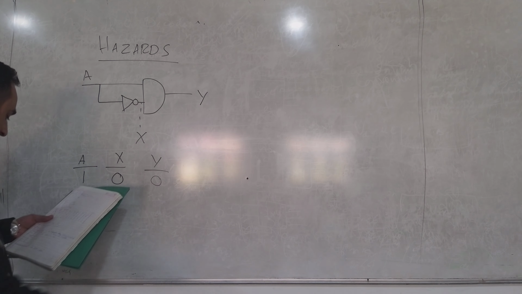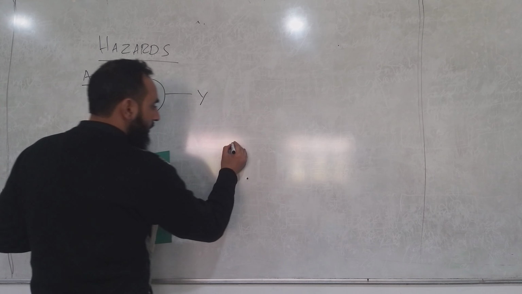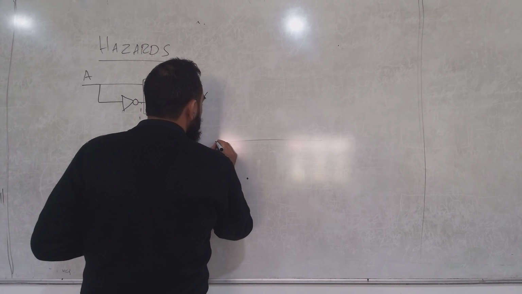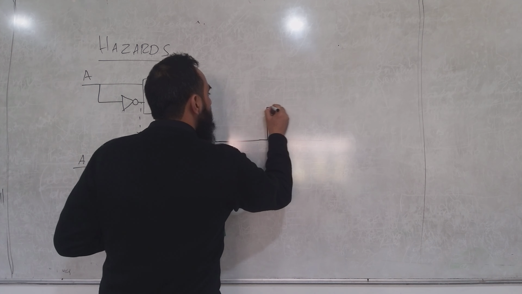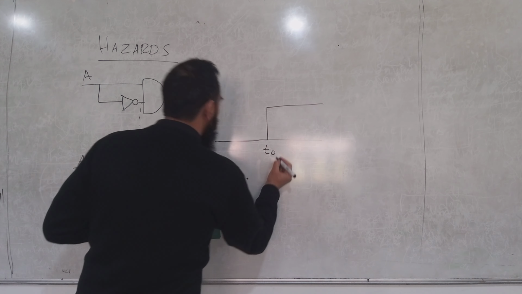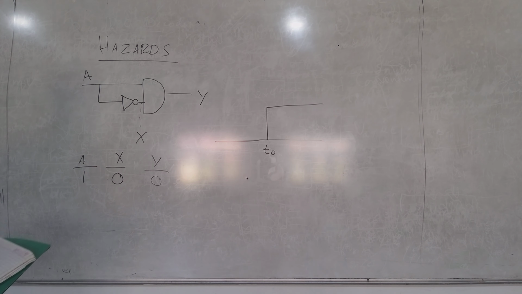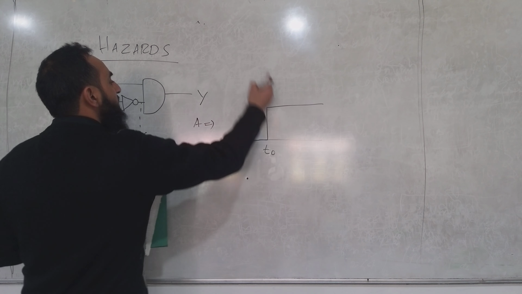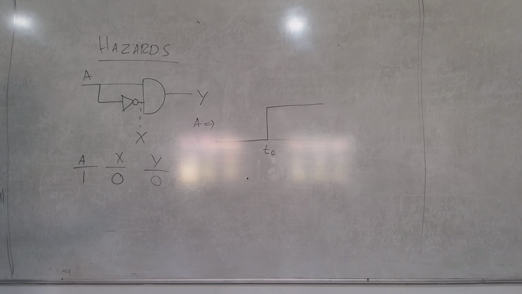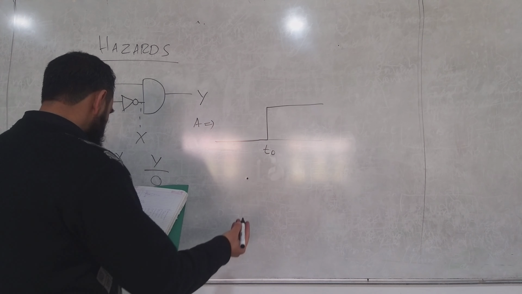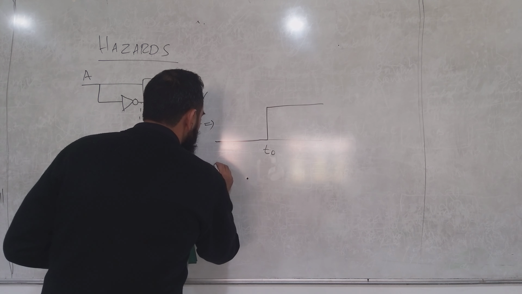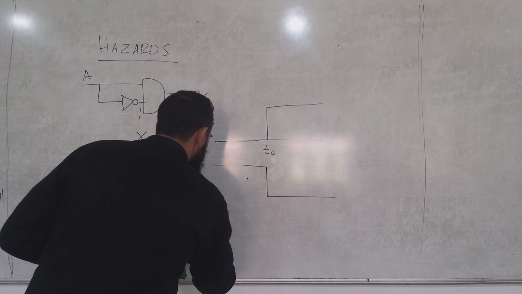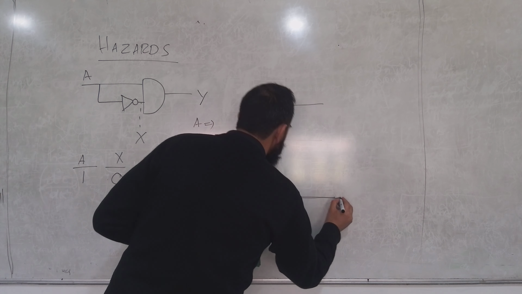So if I draw this in a diagram, later on we will call diagrams like this timing diagrams, but for now a simple diagram. Let's say at some time t0 my input A changed from 0 to 1. Now ideally, at the same moment my X will be high as long as A is 0, and when A becomes 1 it will become low.